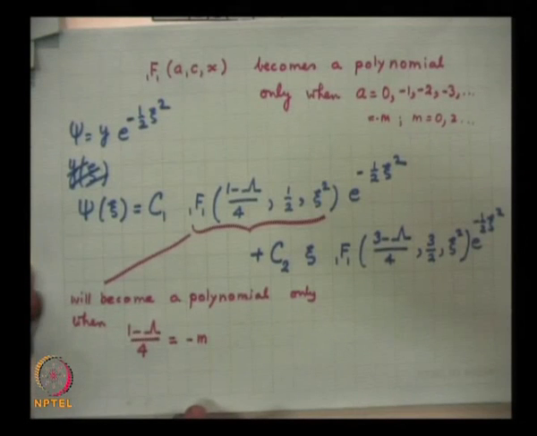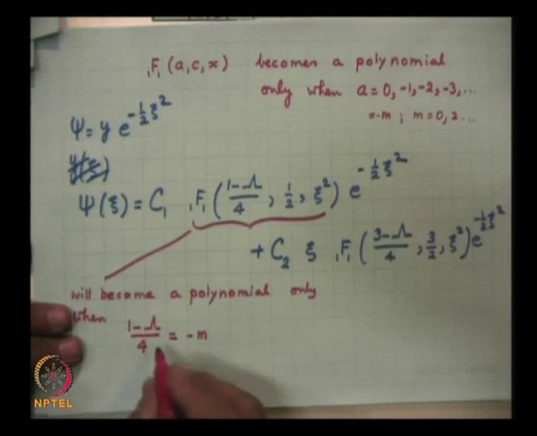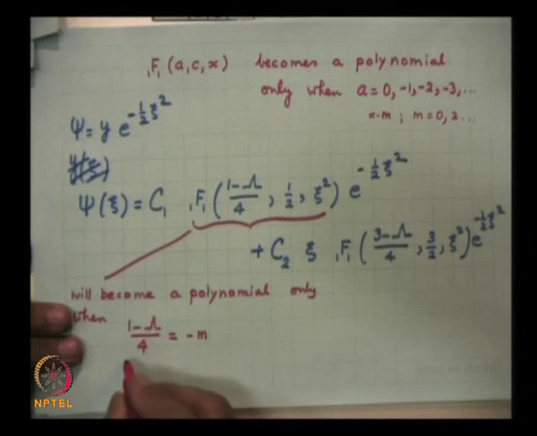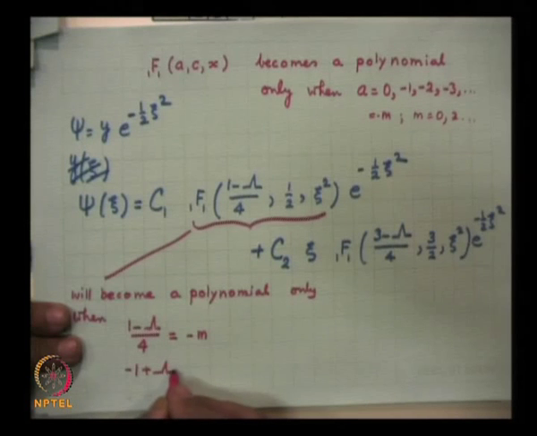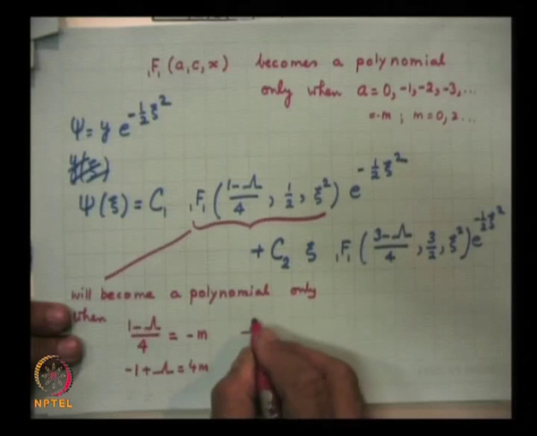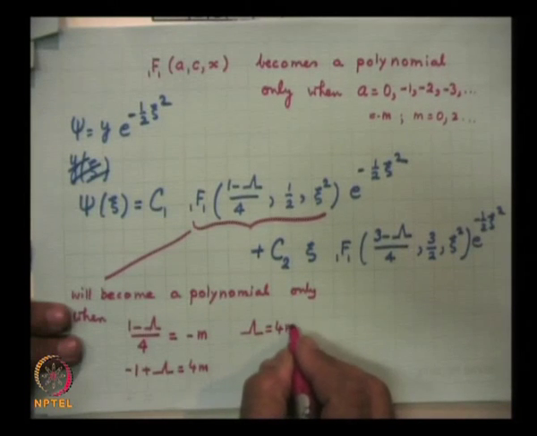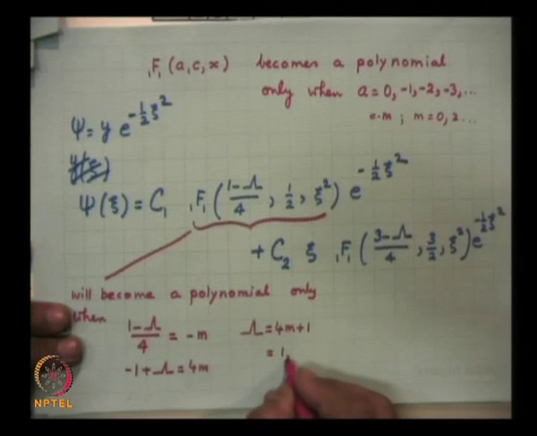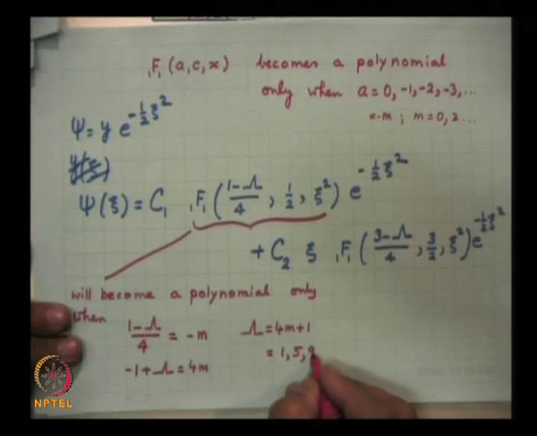So, therefore, if you take lambda on this side and multiply both sides by minus 4, minus 1 plus lambda is equal to 4m. So, you take 1 to this side. So, lambda is equal to 4m plus 1, which is, for m equal to 0, that means 1, 5, 9, etc.